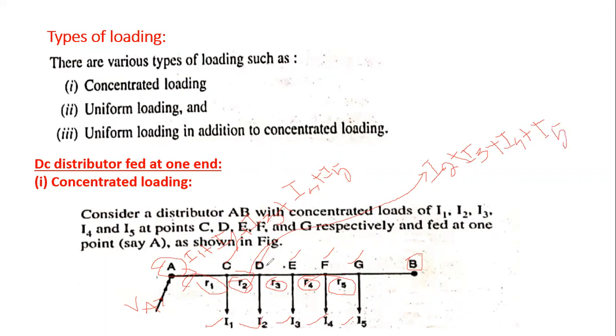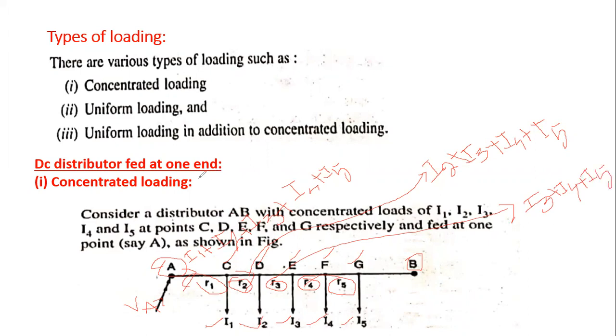Next, at point D, I2 is dropped. The remaining currents are I3 plus I4 plus I5.